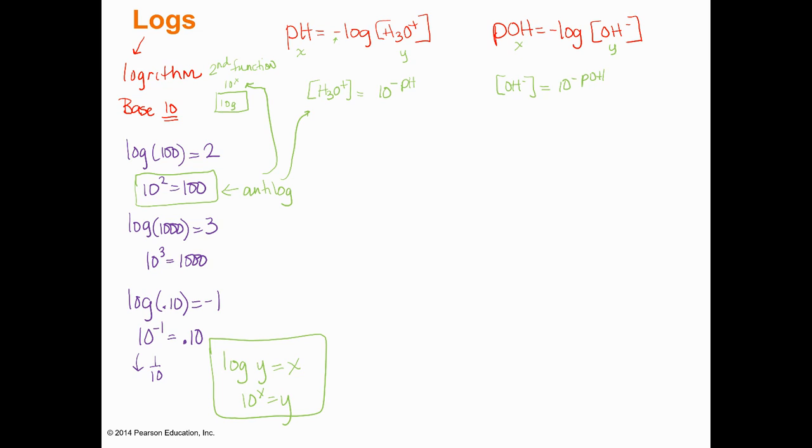One other very important relationship that we'll see later, and I don't want to derive it because I don't want to confuse you too much, is that H3O+ times hydroxide equals 1.0 times 10 to the negative 14. I could do some algebra, take the log of both sides and rearrange, and ultimately I'll end up with a relationship where pH plus pOH equals 14.